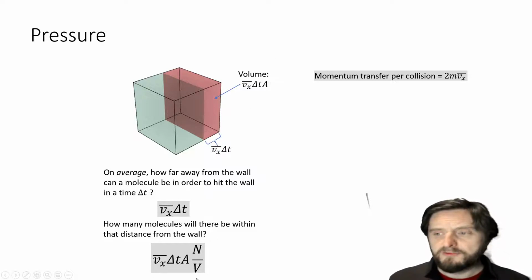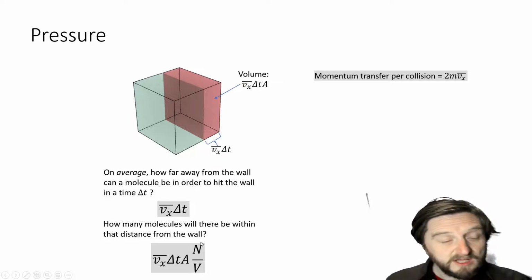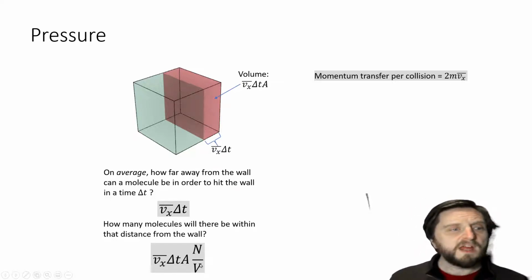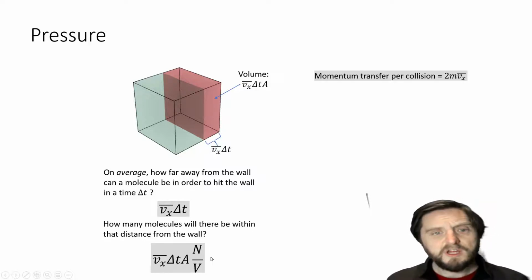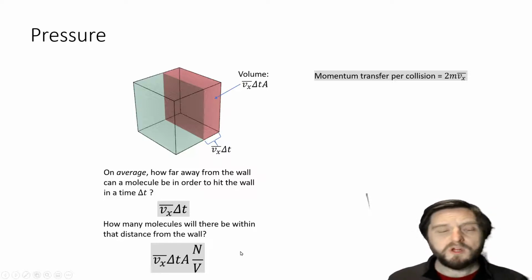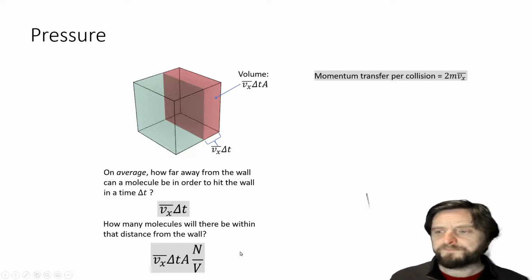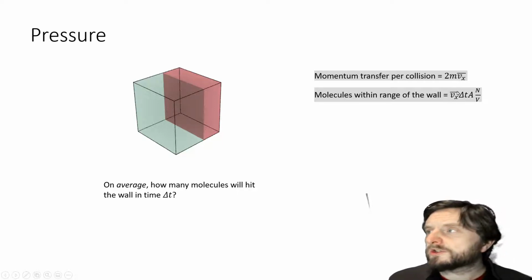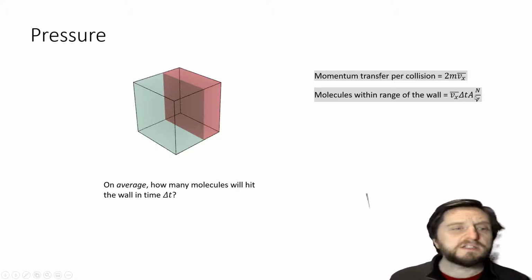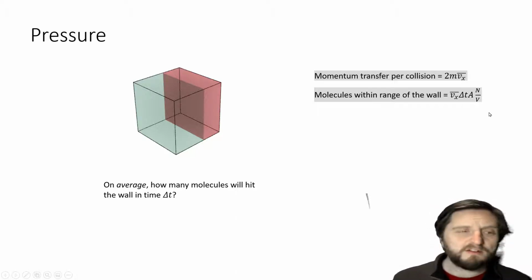So this number we're calculating, average velocity times delta t times area times number of molecules over volume, is going to be the number of molecules that are close enough to hit the wall within the time delta t. Okay, so the molecules within range of the wall are the average velocity times delta t times the area times N over V.